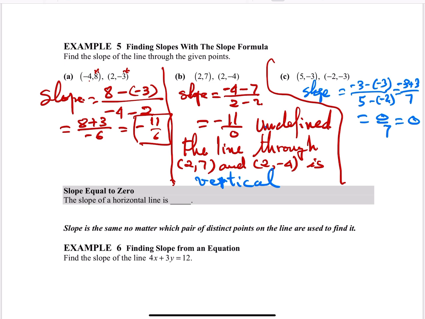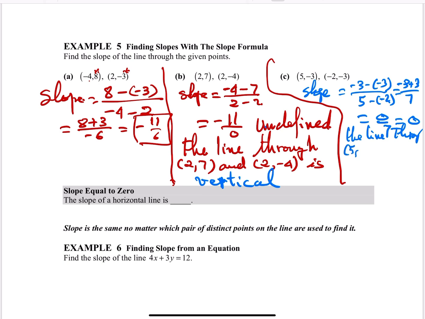You can say the line through, same thing here, write down that sentence, okay? The line through, what's the point?